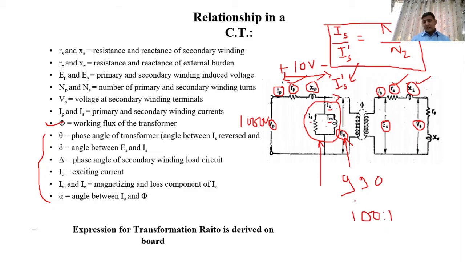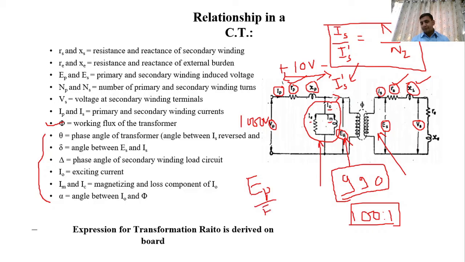So this 990, by the relation of the turn ratio 100:1, gives the secondary induced voltage: EP upon ES equals 100/1, where EP is equal to 990, then the secondary induced voltage is 9.9 volts.